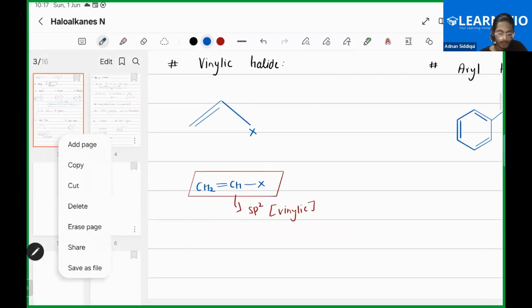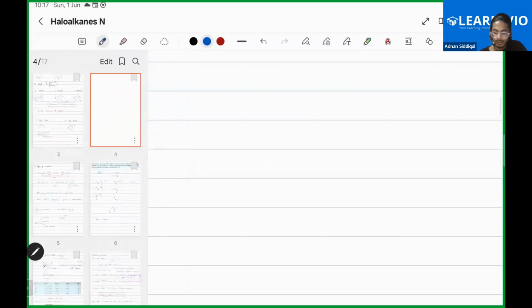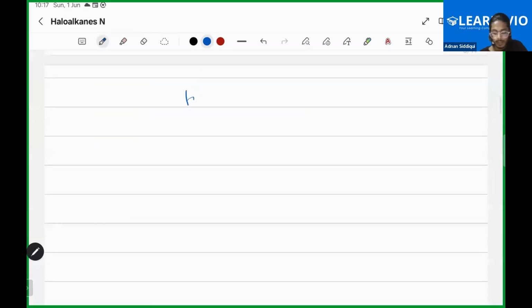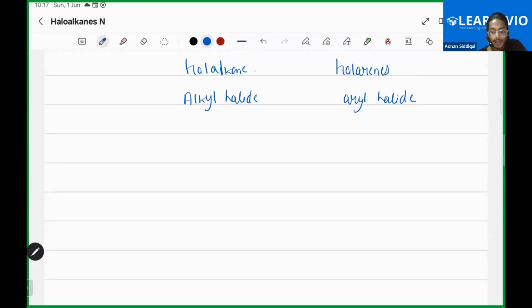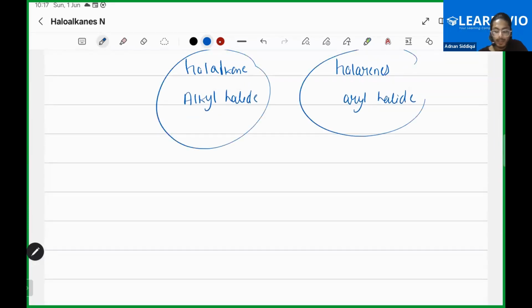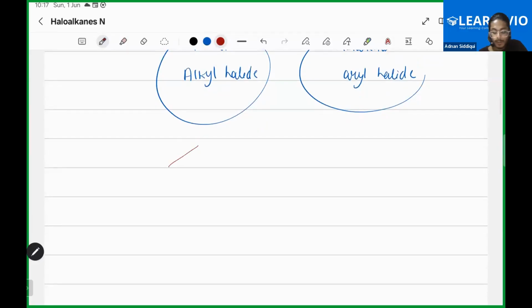For example, we are going to talk about these two terms in this entire chapter: haloalkane and haloarenes. Right? We also call it alkyl halide and this thing aryl halide. So what's the difference between these two? When we are talking about haloalkane or alkyl halide, we are basically talking in terms of open chain.